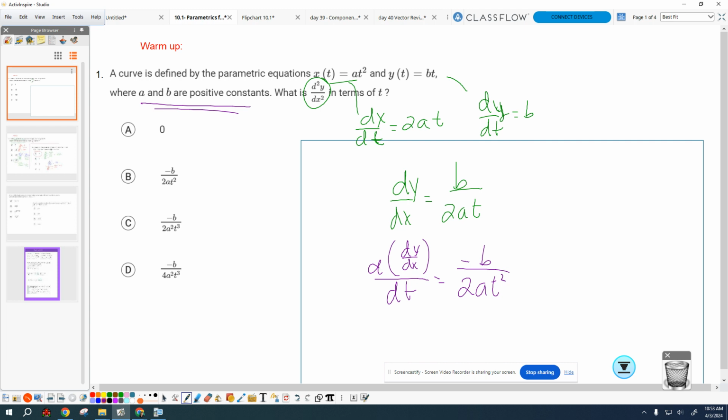So what's the last step? Divide by dx/dt, which is 2at. Dividing by that is multiplying by the reciprocal, which looks like negative b over 4a squared t cubed.